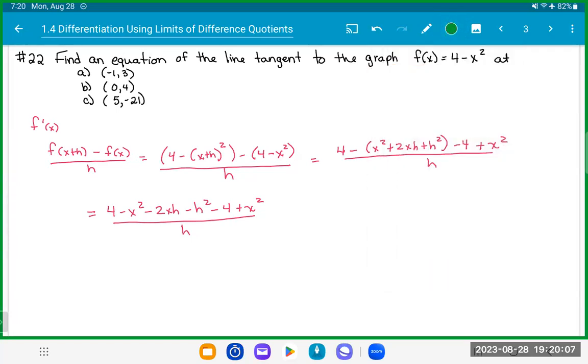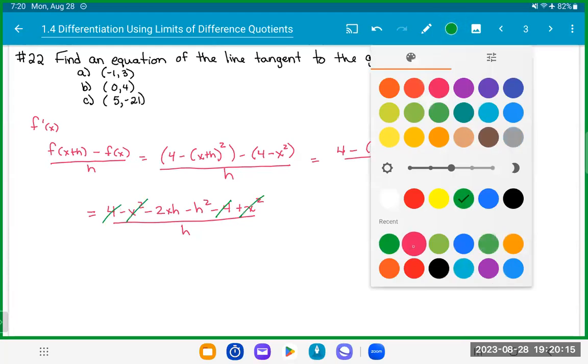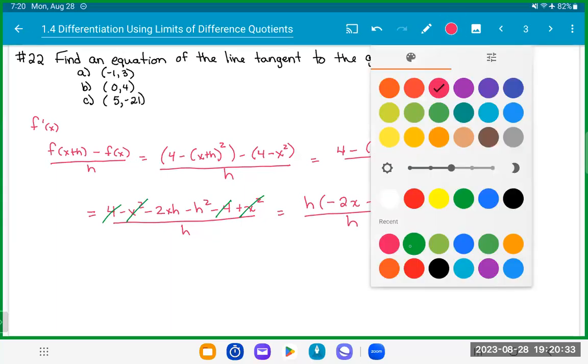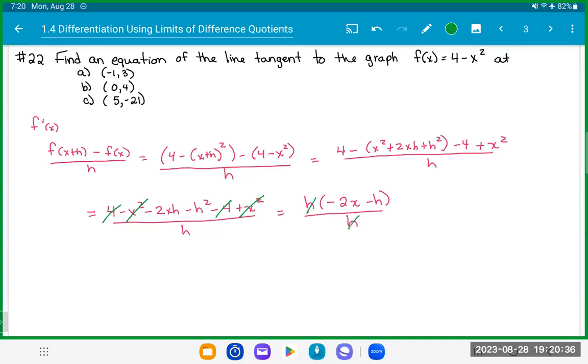Now we can see that we have a negative 4 and a positive 4, a negative x squared and a positive x squared, so those cancel out. Both of the terms we have left have an h, so we factor an h out of both terms. That gives me h times negative 2x minus h, divided by h. We have an h in the numerator and h in the denominator, so this simplifies to negative 2x minus h.